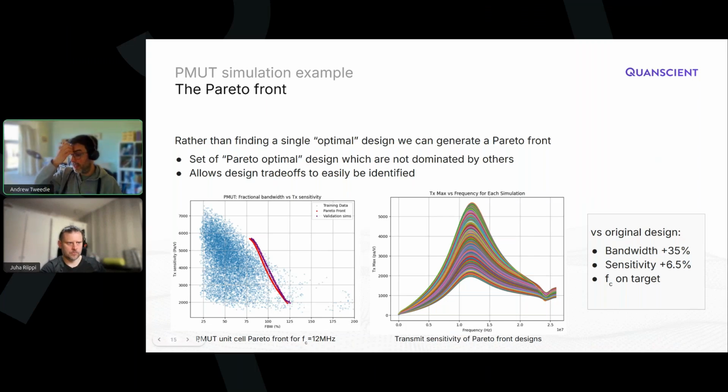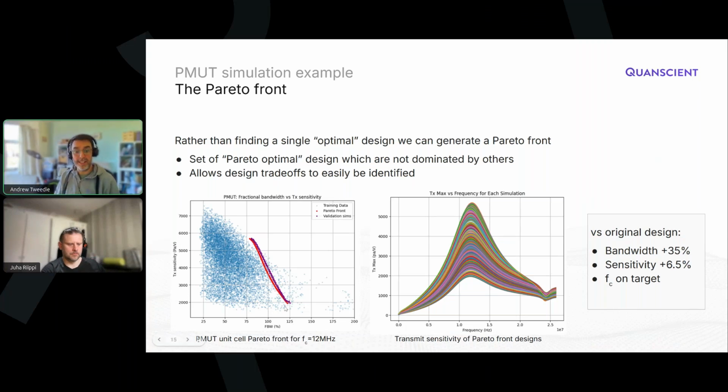And then we have put that model into an algorithm which locates Pareto optimal designs. And this is some work, as I said, talked about before, but these are the design trade-offs.